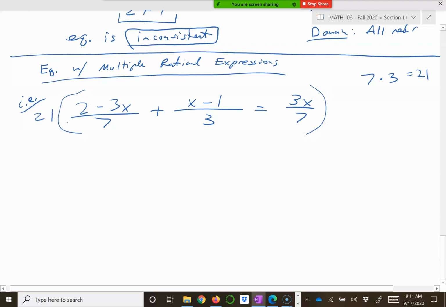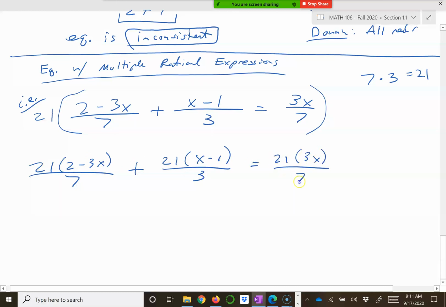All right, so here's what that's going to look like. So I'll just leave 21 there for the moment. Now what we want to do is reduce these rational expressions to lowest terms.